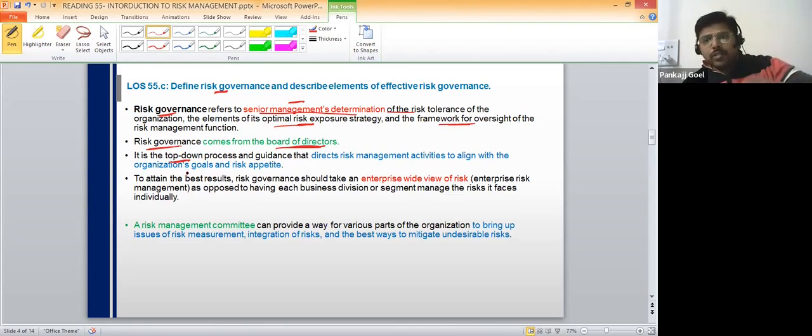The activities are to be aligned so that the organizational goals are achieved, and the organization is operating at the maximum level of risk which the company can take. जितना company maximum risk ले सकती है, तो maximum उसी risk के ऊपर operate कर सके. तो ये पूरी की पूरी process क्या है? Top down approach है.